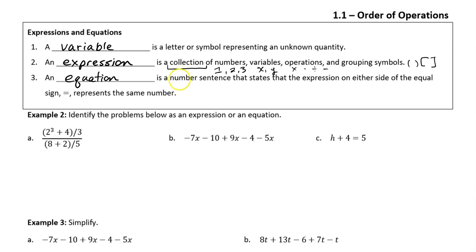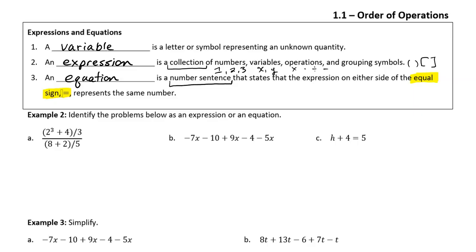is a number sentence that states that the expression on either side of the equal sign, in fact, I'm going to highlight that, equal sign represents the same number. So while an equation is made up of numbers, variables, operations, grouping symbols, the difference between an equation and an expression is that I have this equal sign.